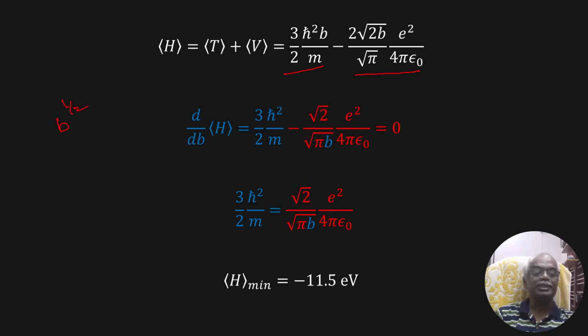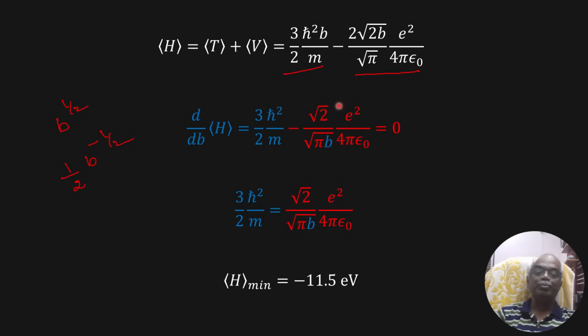If you differentiate, you will get 1 over 2 p power minus half. So this will become the square root of p in the denominator, and this 2 will cancel with this 2. So you will get the square root of 2 divided by square root of pi p and this term, which is equal to 0.